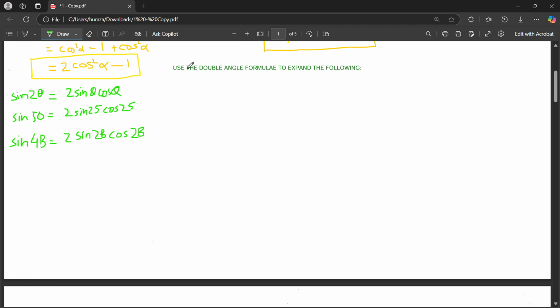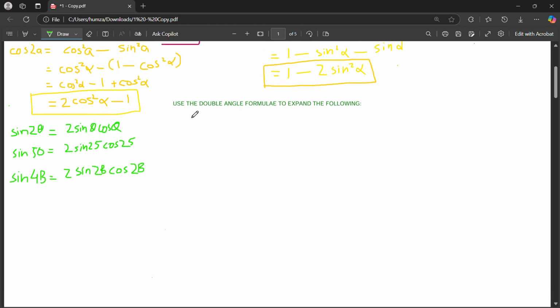Now let's look at an example which uses cos. Cos 6b. Another example we could write is cos 80.